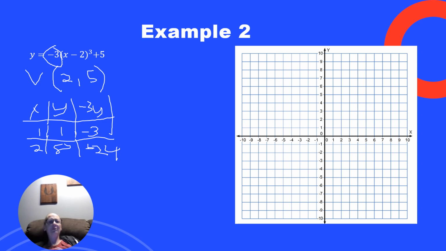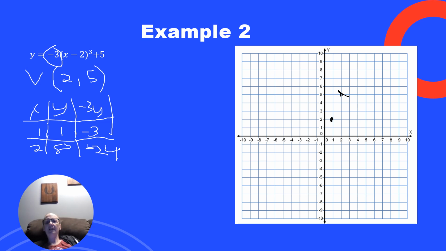So I'm not going to be able to graph that because it's way too far away. So let's just start with graphing the vertex of 2, 5. So that's up here. And then I would normally go over 1, up 3, but I'm going to go backwards because this is a negative. So you actually go over 1, down 3 the other way. So 1, 2, 3.